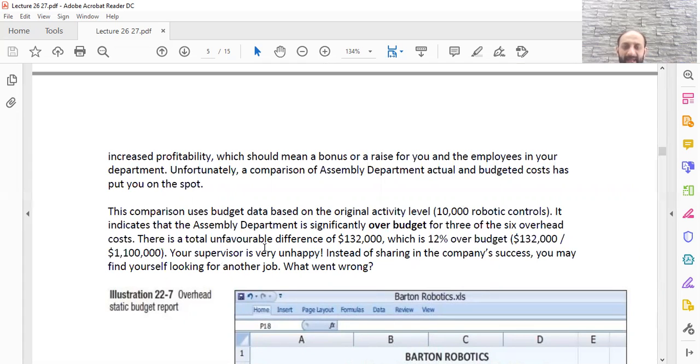Now, why is it higher than the budgeted? The reason is that the original budget was based on an output of 10,000 units, and in the end you made 12,000 units. So obviously the budgeted manufacturing overhead should have been less than what you actually incurred.